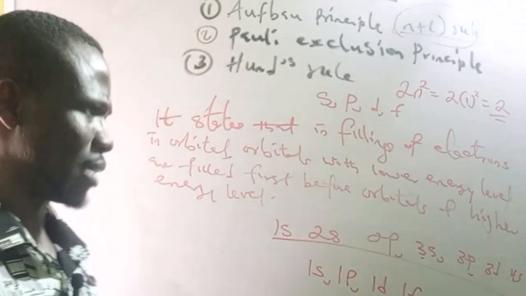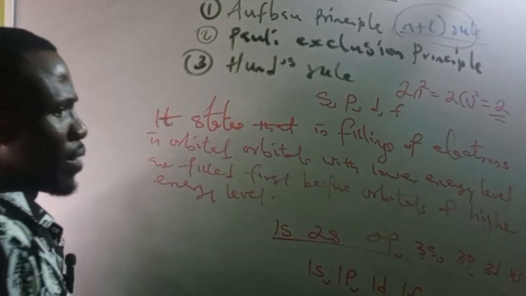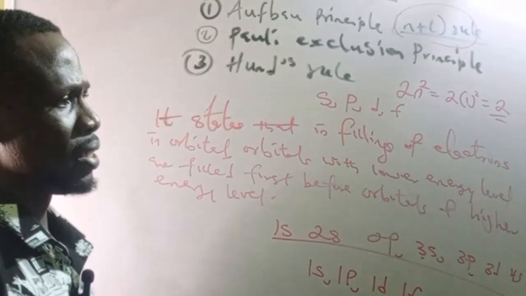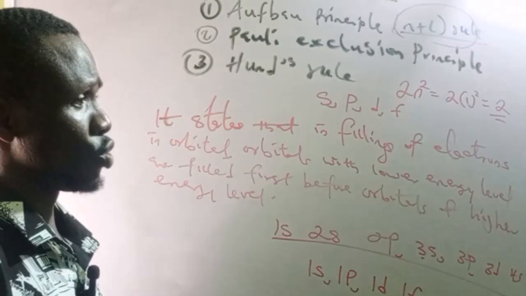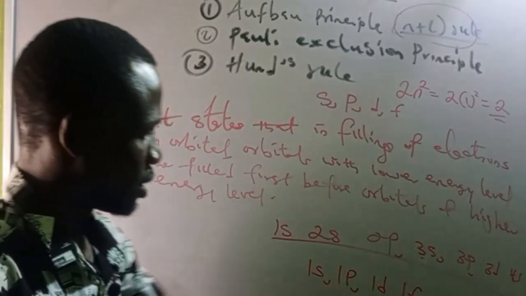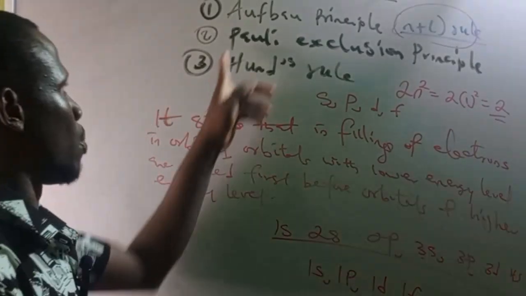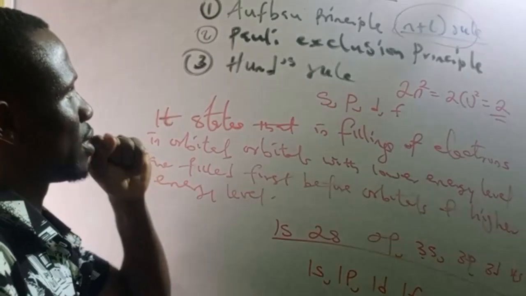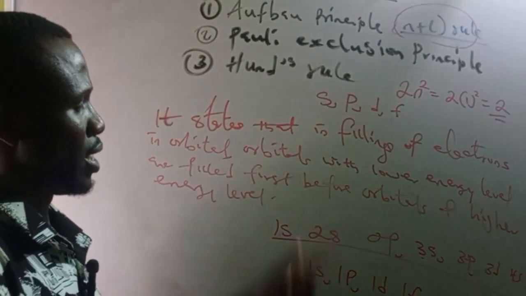Is that not so? Pay attention. But the number of electrons that can occupy the first energy level is 2. Which of these places will it occupy? The Aufbau principle says the one with the least energy level.